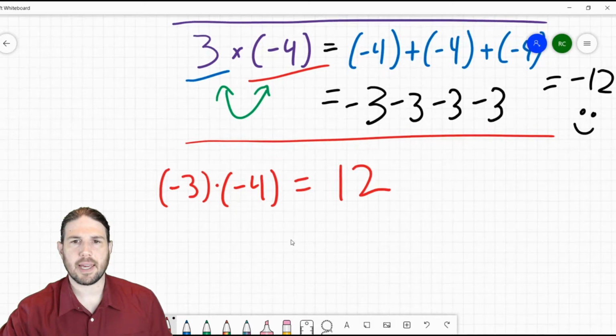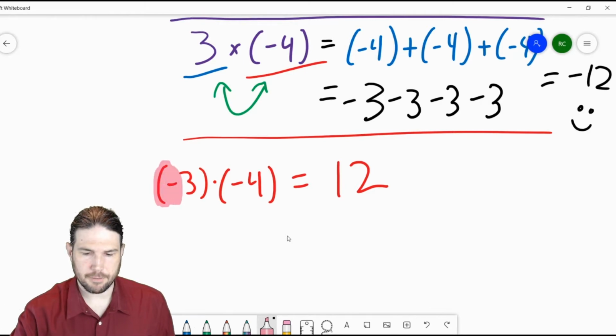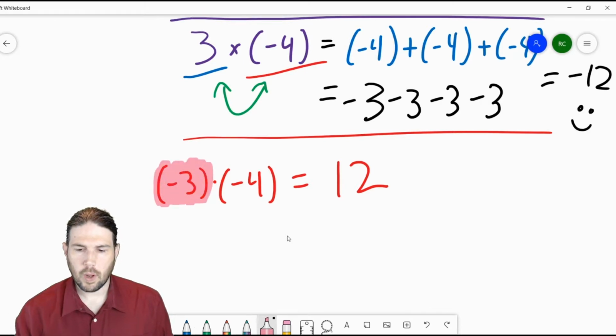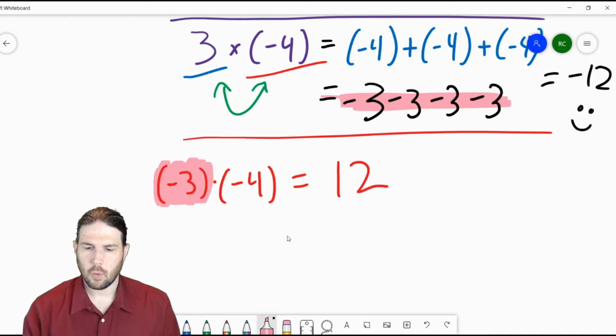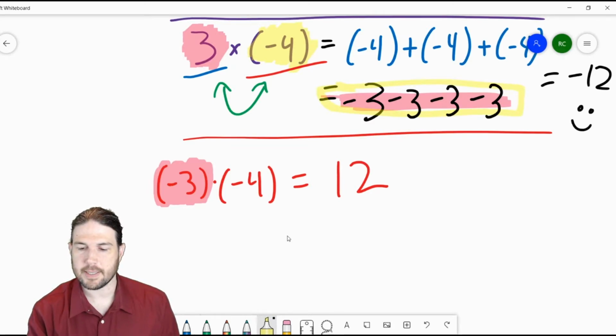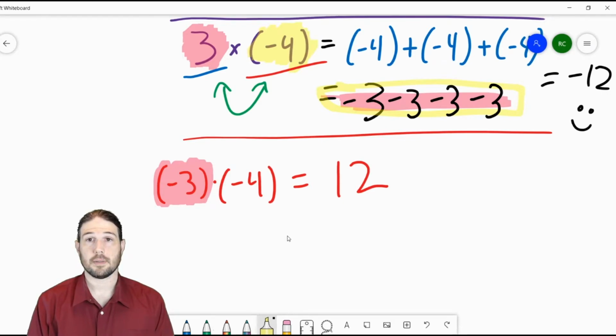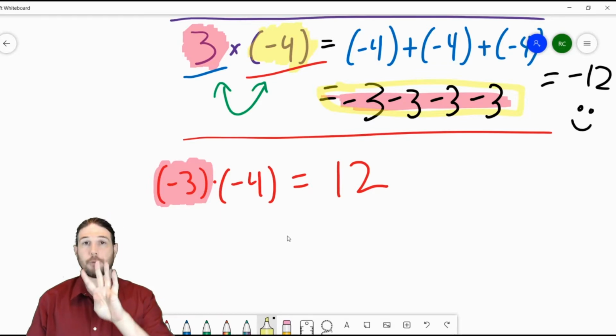If I am taking -4 and I am multiplying it by -3, well, we just said before, in fact, let's use this second example right here, where we took this 3 here, and because it's being multiplied by -4, we, in essence, subtracted it 4 times, right? We took that 3 and we went minus 3, minus 3, minus 3, minus 3, 4 times.